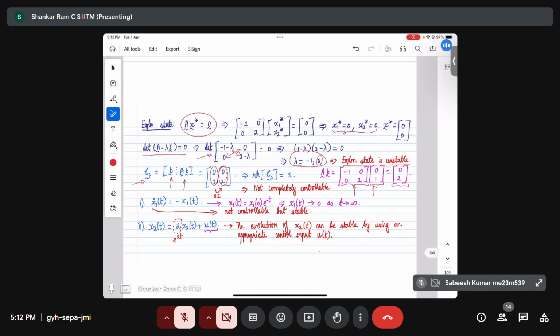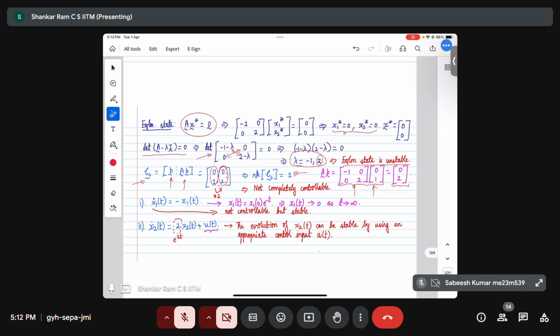Now, if we look at the controllability matrix and calculate its rank, the rank of this matrix is 1. It's a 2 by 2 matrix, right? How did I get the rank to be 1? You can see that if you take the two columns 0, 1 and 0, 2, I can write one as a multiple of the other.